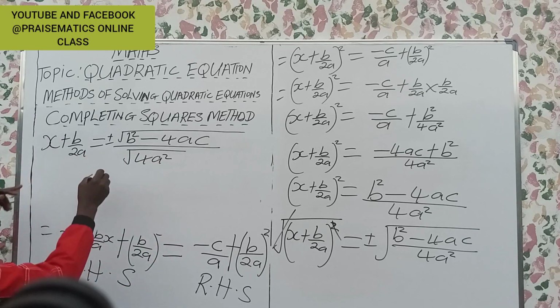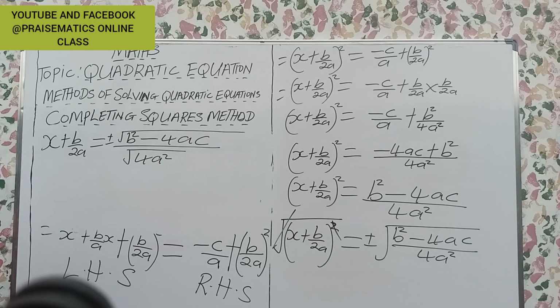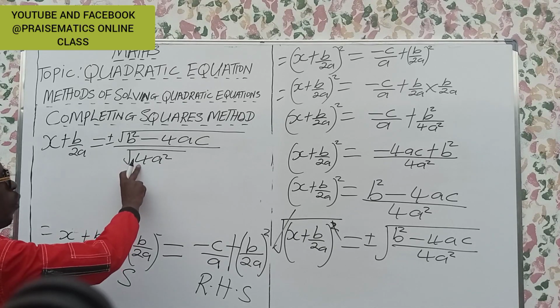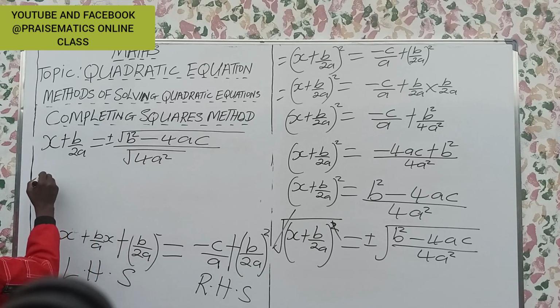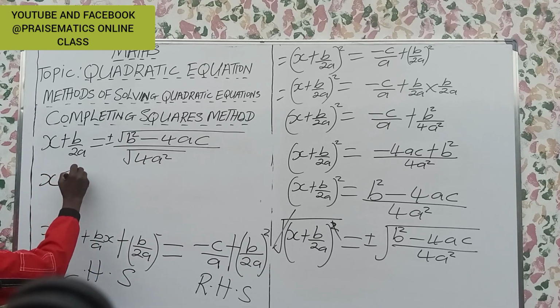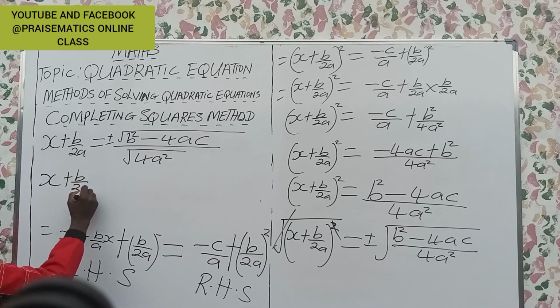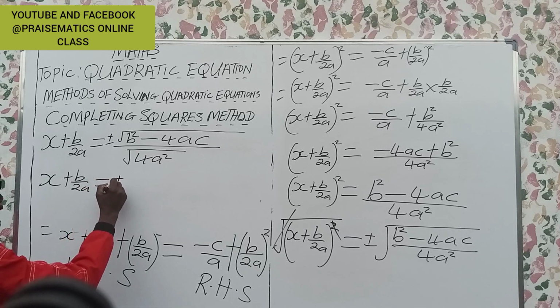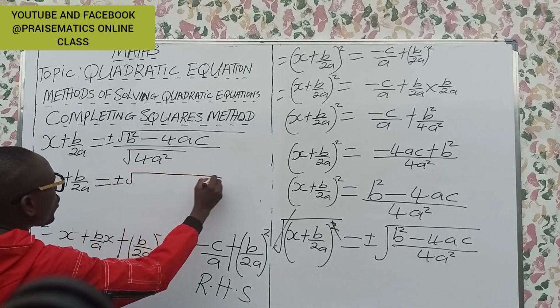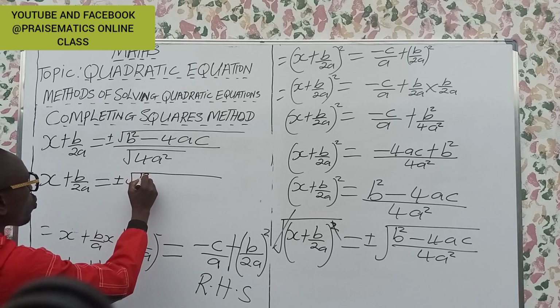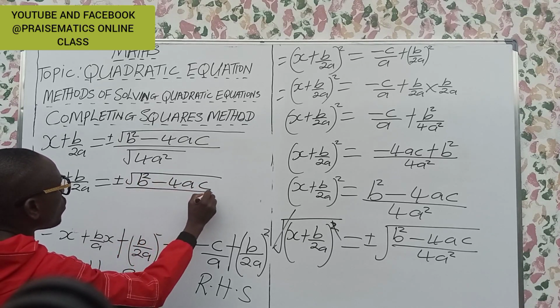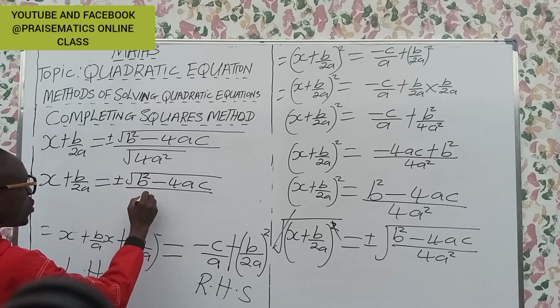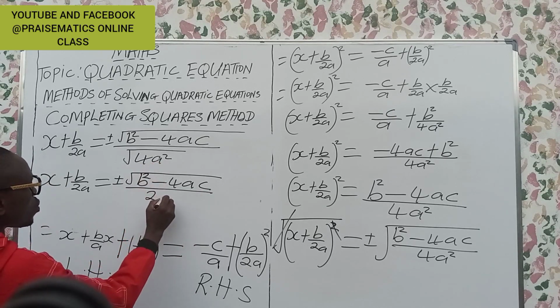Now square root of the numerator still remains square root of the numerator. Why? Square root of 4 is 2. And square root of a square is a. So finally we have that x plus b over 2a is equal to plus or minus square root of b square minus 4ac all over 2a.